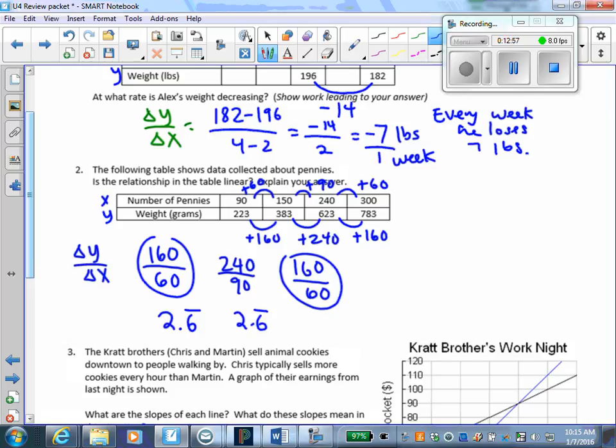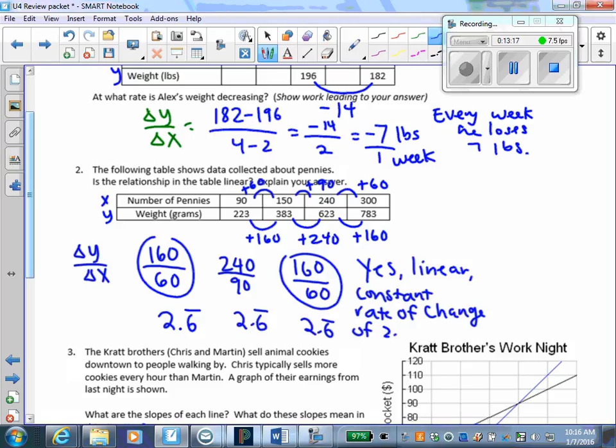They're all 2.6 repeating over 1. So yes, it is linear. Yes, linear, constant rate of change of 2.6 repeating over 1, or as a fraction, I could have left it as a fraction, and that would be 2 2/3, so 8/3.